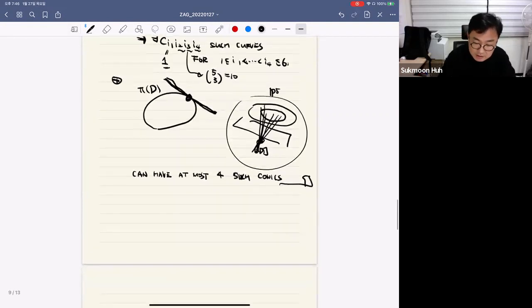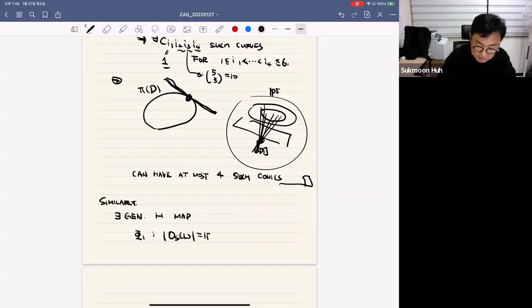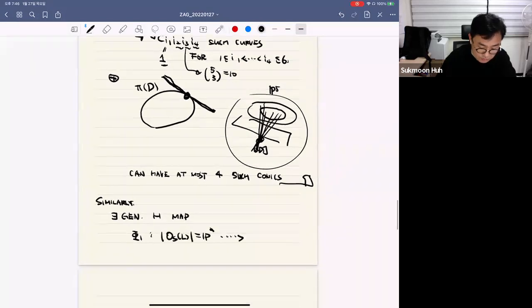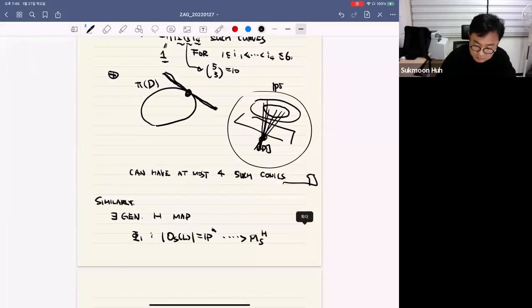And similarly, we can also conclude that there exists a generically one-to-one map from the family of lines in P2 to the logarithmic moduli space with first Chern class KS plus L. The second Chern class is also 7.